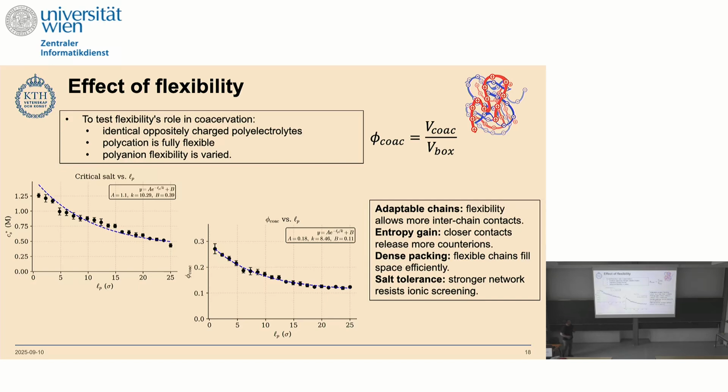And of course, it has a reason: flexibility allows more connected points of the polyelectrolytes, and they create a denser coacervate. And when you have such a system, the salt tolerance increases.